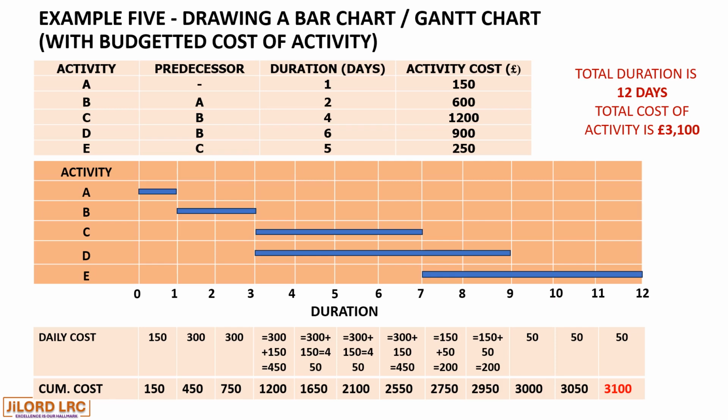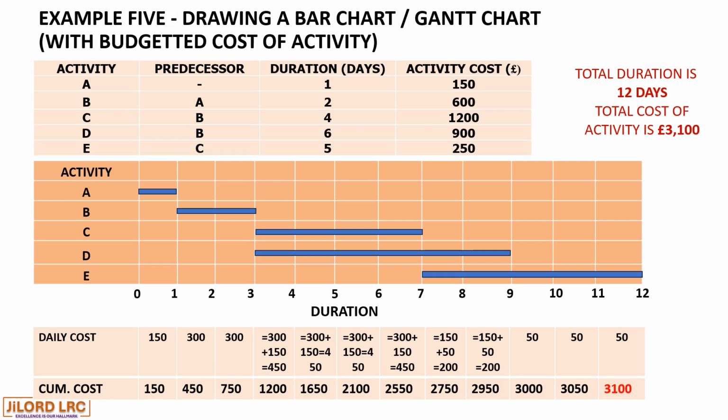At the end of day 6, activity C attracts a £300 cost, and activity D also attracted a £150 cost, making a £450, which cumulatively added to the previous day's cost of 1,650 gives us 2,100.